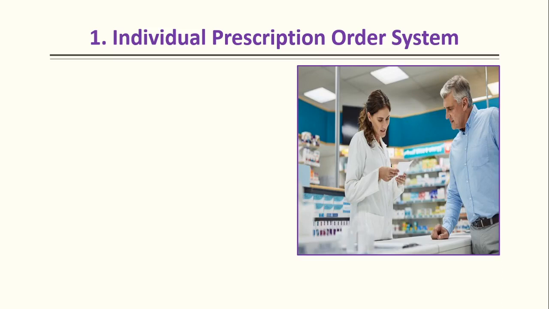So the first method is the individual prescription order system. Here the patient or his relative goes to the pharmacy for getting the treatment. Direct observation of the prescription, which is written by the physician for the patient, takes place by the pharmacist. So the medication errors will be avoided because that particular prescription is directly checked by the pharmacist.